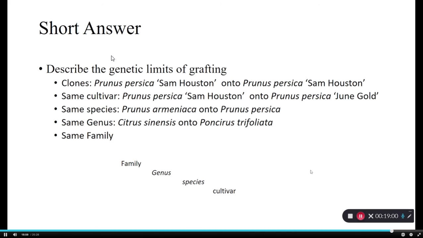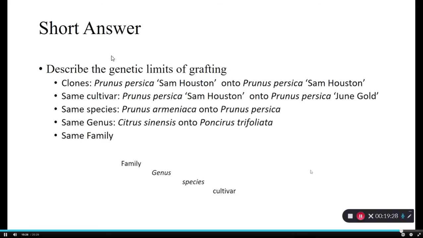If you have 2 different genera but the same family, here the example, Citrus sinensis is orange, and you're grafting that onto sour orange rootstock, which is a fairly common occurrence in citrus grafting. It is successful. Nonetheless, this isn't commonly successful. We might say 20, maybe 25% successful as we get this far apart genetically.